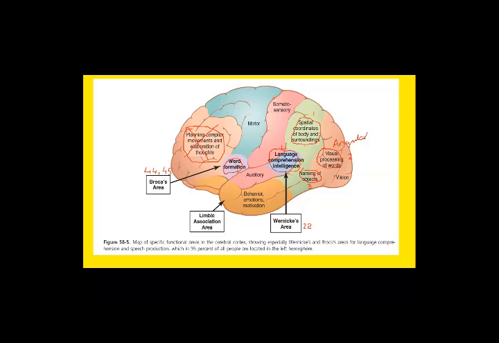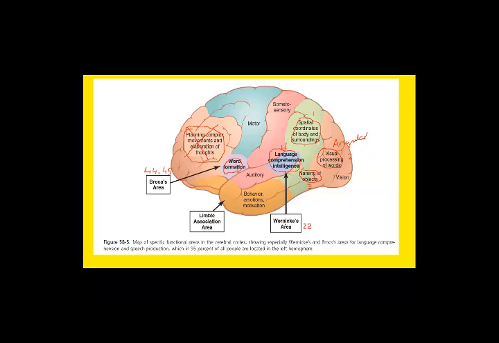So the anatomical location of these speech areas, Wernicke's area and Broca's area, is very important. You must remember the precise location. The name of the gyrus should be mentioned when you are mentioning the location of these speech areas. So the posterior portion of the inferior frontal gyrus is the site for Broca's area, and this area is the motor speech area.